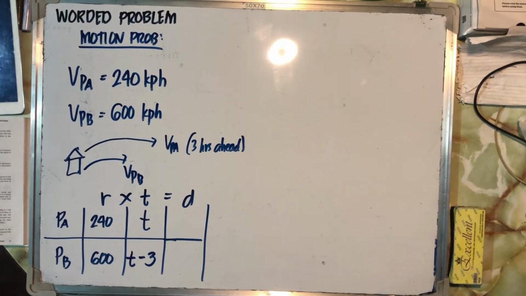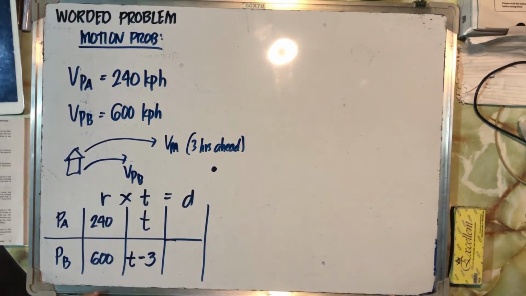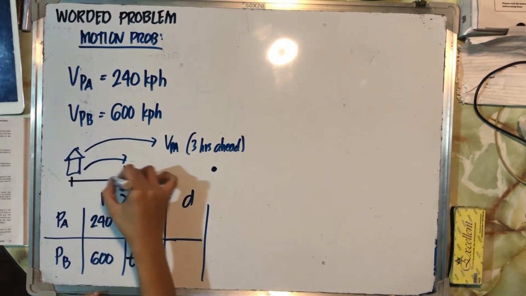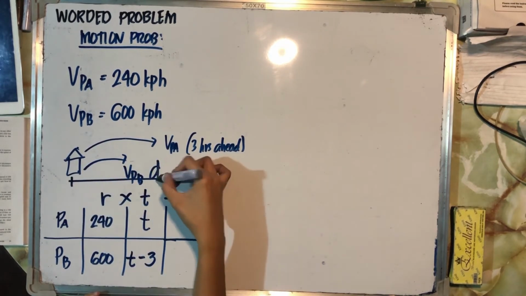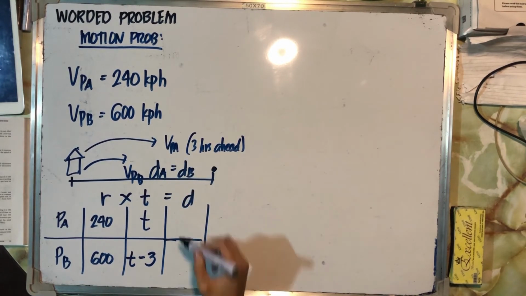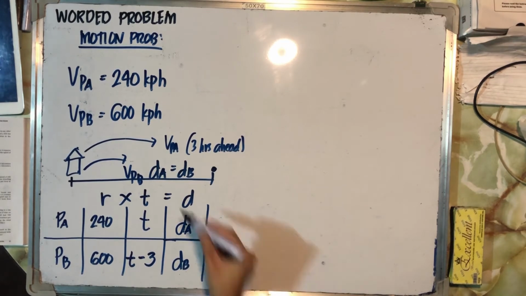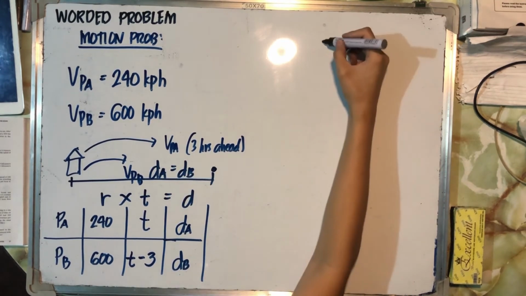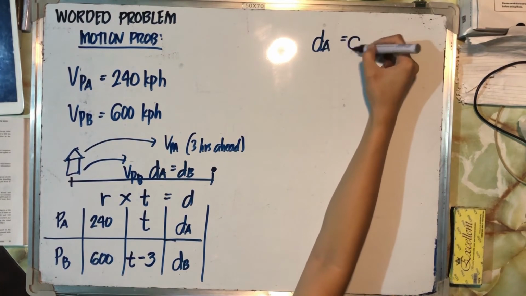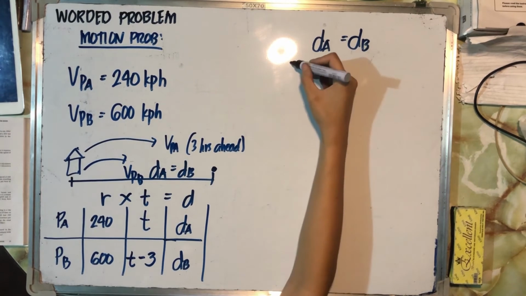But what do they want to happen? They will meet at a certain point. So, let's say this is that point from the airport. Okay? Should I say that the distance traveled by A is also the distance traveled by B? The answer is yes. Of course, how can they meet if the distance they traveled is not the same? So, that would be our working equation now. The distance traveled by plane A is equal to the distance traveled by plane B. And how can we get that?